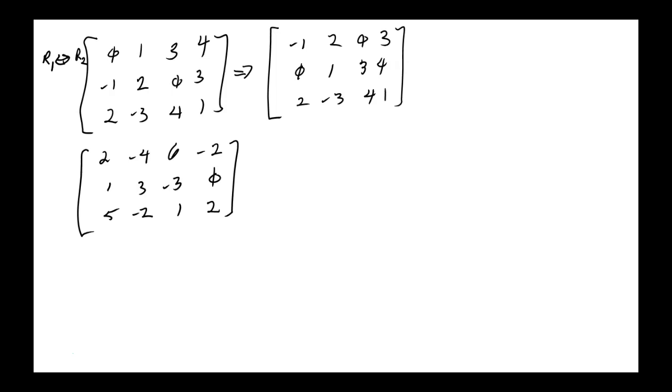What do you want to be the first desirable feature you want this to have? Same as before. Your 1 in the upper left corner. Okay? There's two ways you can get to there from here. How? You can either swap them or multiply the first one by 1 half.